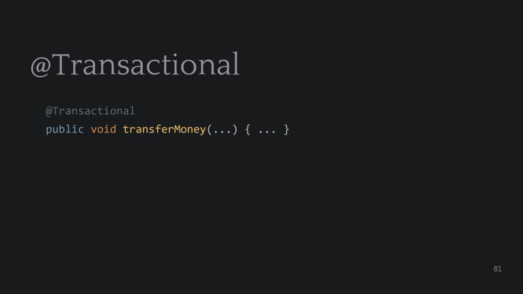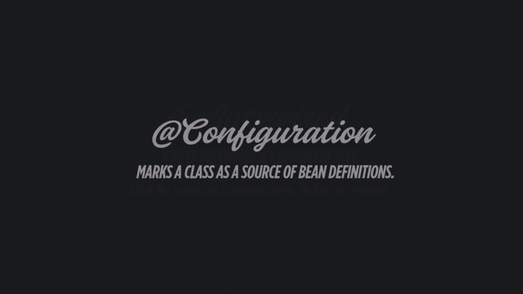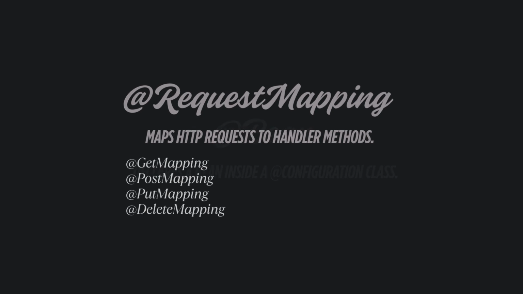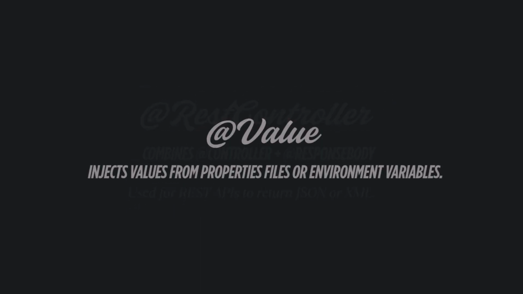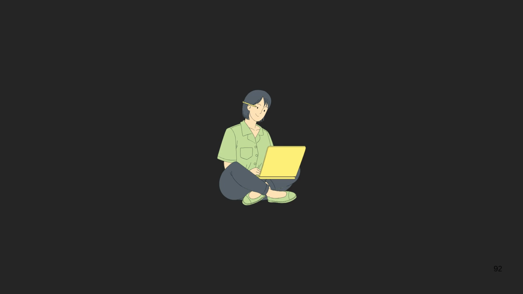We've covered a lot of ground there. @SpringBootApplication, the component types, @Autowired, @Configuration, @Bean, the web mapping annotations, @RestController, @Value, @Transactional. That's quite the toolkit. It really is. And understanding them is, I think, crucial for being productive with Spring. Absolutely. It makes reading and writing Spring code so much faster for you.